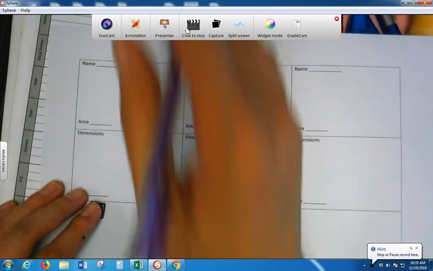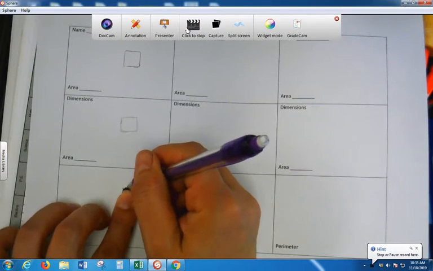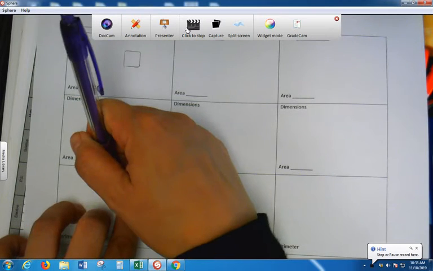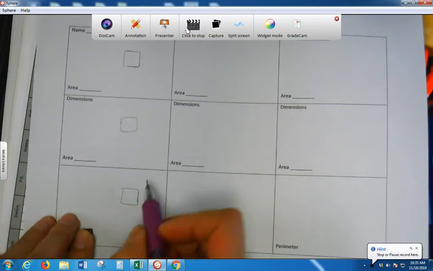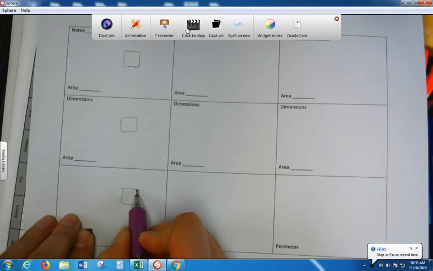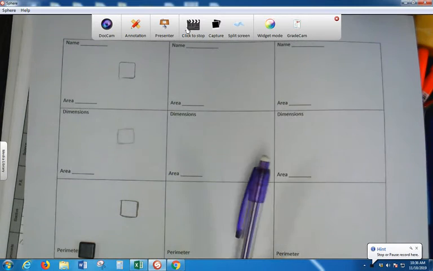You're going to sketch it 3 times, going straight down. This will save us time for later.